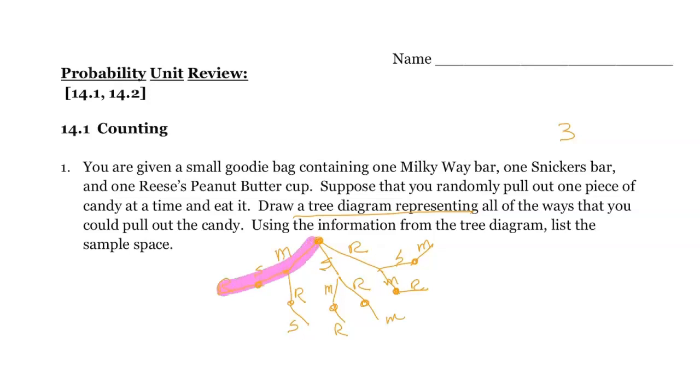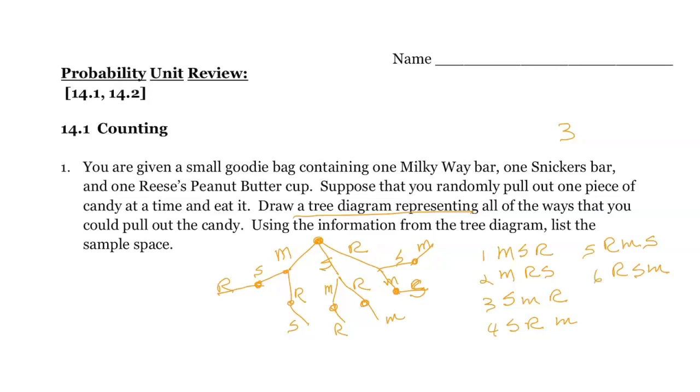That's going to be M, S, R. Next sample space will be M, R, S. The middle piece is S, M, R, S, R, M. And the last one is R, M, S, or R, S, M. So 1, 2, 3, 4, 5, 6 options. Okay, so you should be able to do that situation.